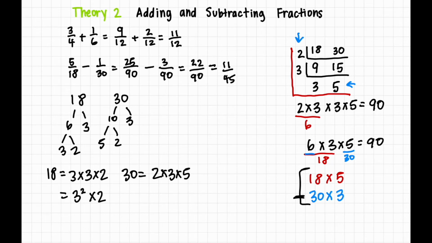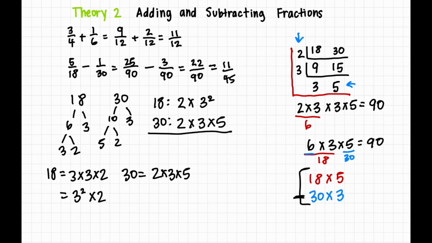So now we line them up, and it would look like this. So I would do 2 times 3 to the power of 2, and 2 times 3 times 5, and I would draw a line.